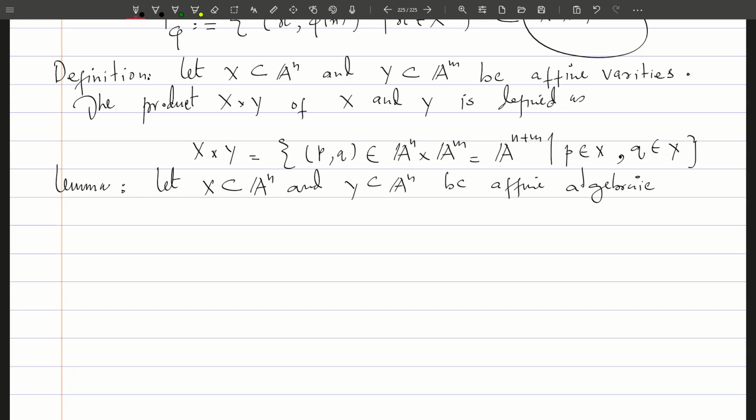Then X times Y, which is actually a subset of A^(n+m), is also an affine algebraic set. So let us prove this.